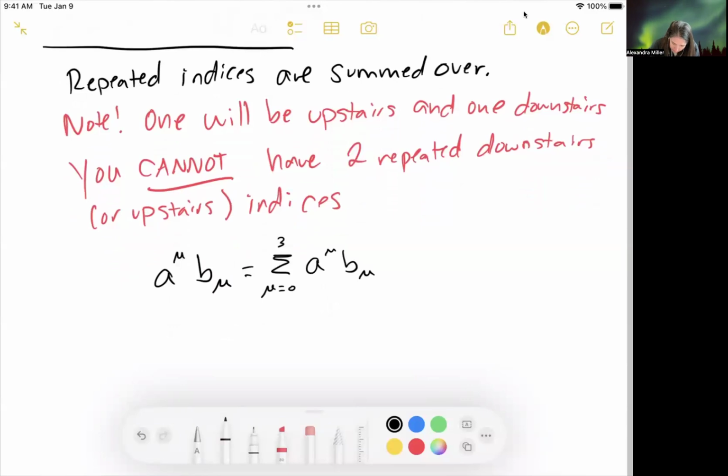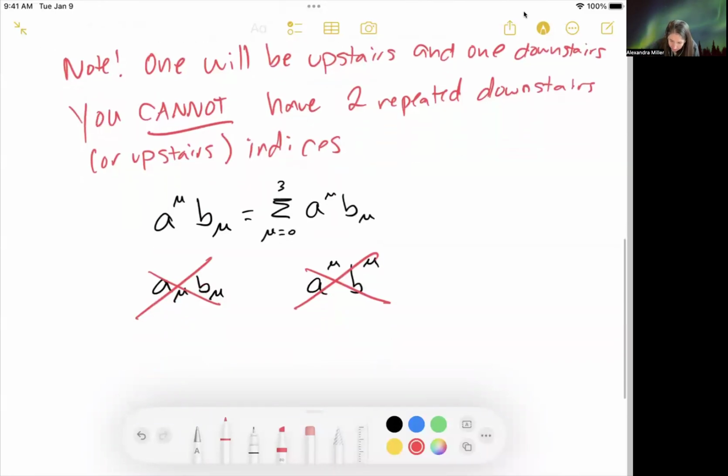You never want A lower mu, B lower mu. I don't even want to write this. This is bad because those are both downstairs. It is a meaningless mathematical object that you should never write. Similarly, A upper mu, B upper mu, that's bad. We'll never have anything that looks like that. The only thing that we can have that looks kind of like that, and more on this later, is eventually we'll talk about adding things.